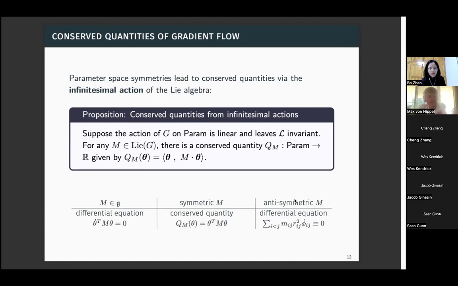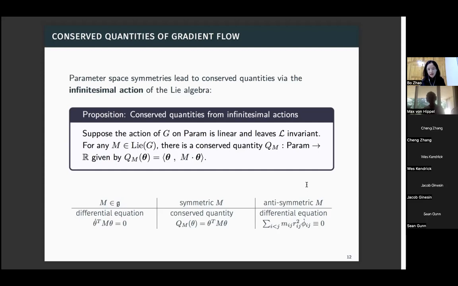This is a table that summarizes what these conserved quantities or conservation laws look like. The left column is the general case. If m is any element in the Lie algebra, then we get the differential equation. Theta here is the vectorized parameters, m is a matrix, and theta dot is also taken to be a vector. When m is a symmetric matrix, we can integrate this theta dot m theta to get the conserved quantity.